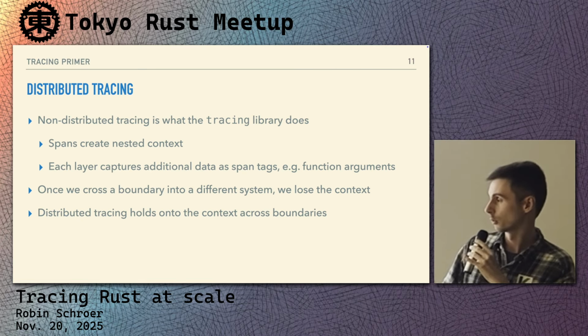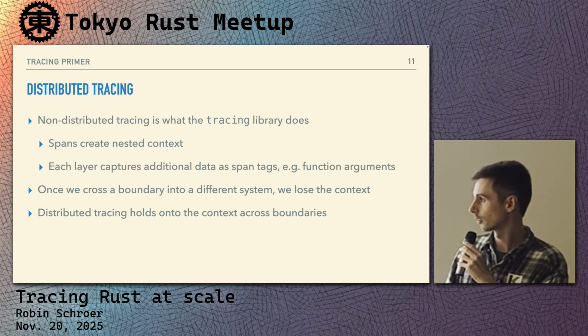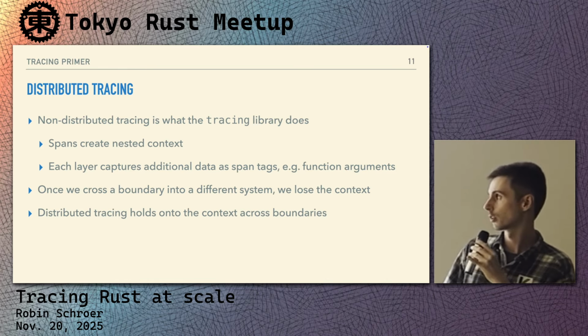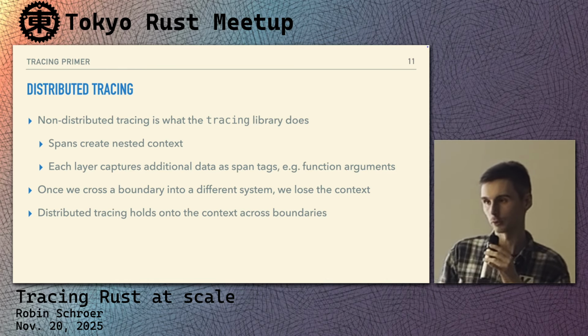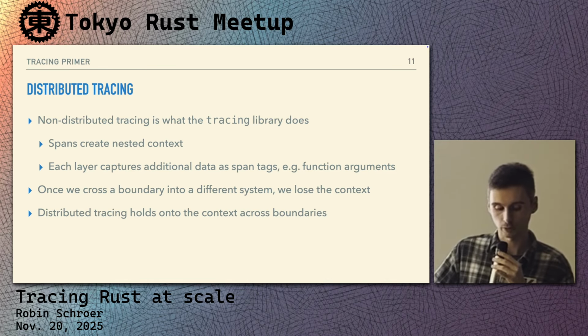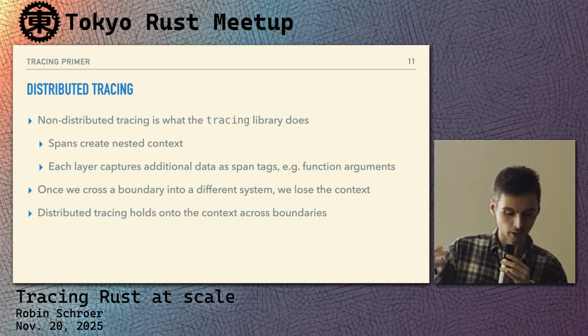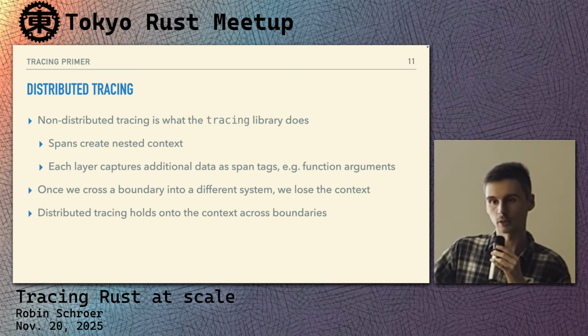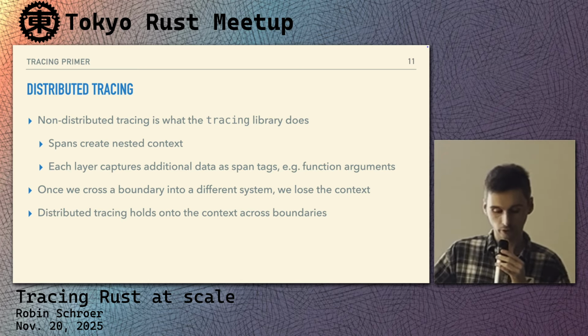And distributed tracing in particular is special because non-distributed tracing is kind of what you get if you just use the tracing library in your Rust program, and you get this nested context as you drill down into instrumented functions.